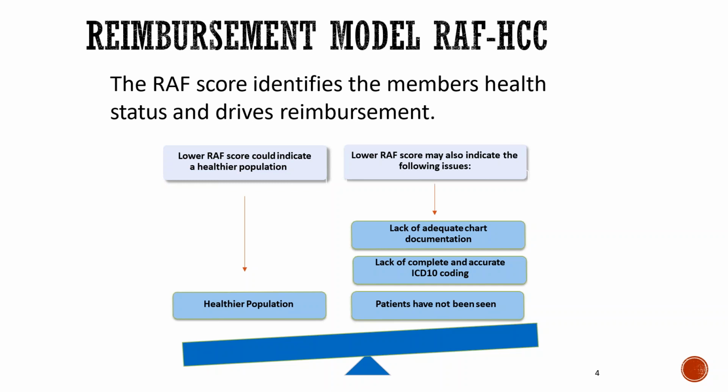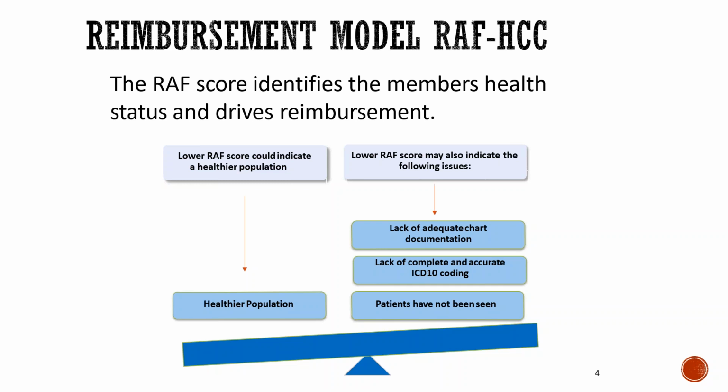or it could indicate that there's not enough documentation in the chart. Maybe the provider is writing notes in the notes section, but these are not translating into actual diagnoses for the patients. Maybe we have a lack of complete and accurate ICD-10 coding.